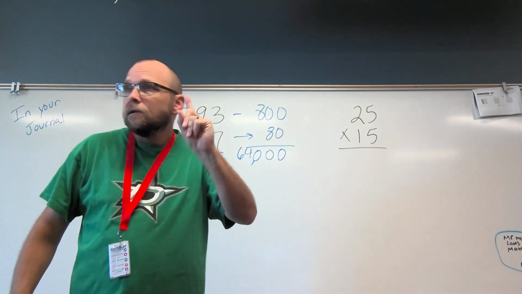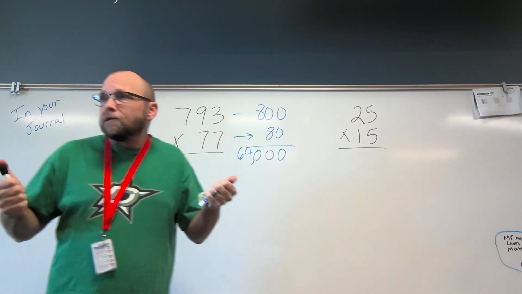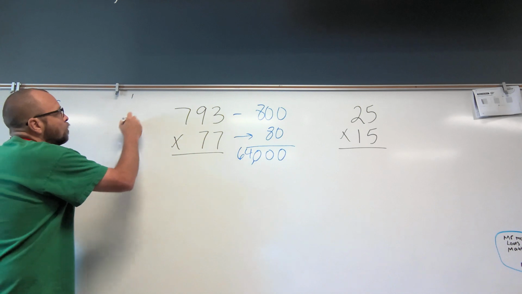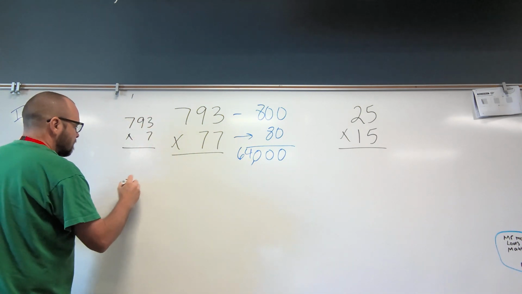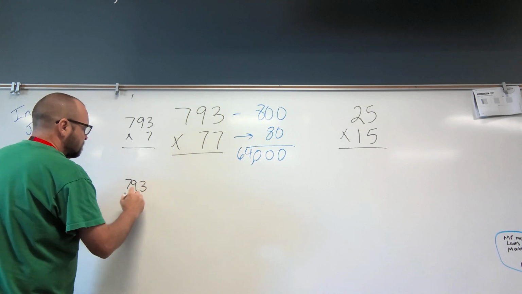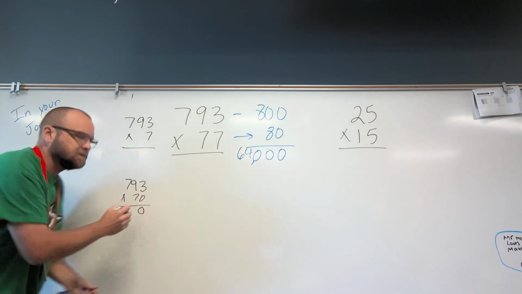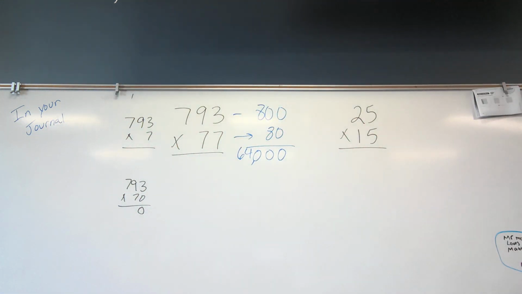Now, second thing I want you to think about is you can do this with one-digit division or multiplication. So I could multiply 793 times 7 and 793 times 70. Well, if I multiply it by 70, that just means I bring this 0 straight down because I'm multiplying a 10 by a 10.